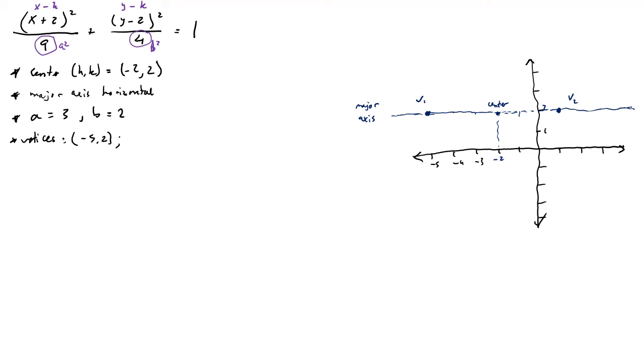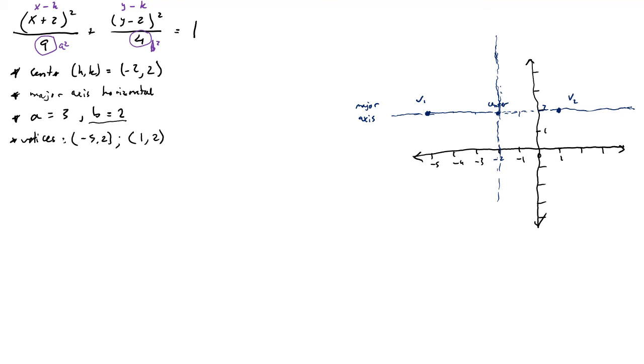And the other one is the point 1, 2. All right. The other thing that we found out is that B is equal to 2, and remember that B is the distance on the minor axis. So from the center, we can extend this minor axis up and down.